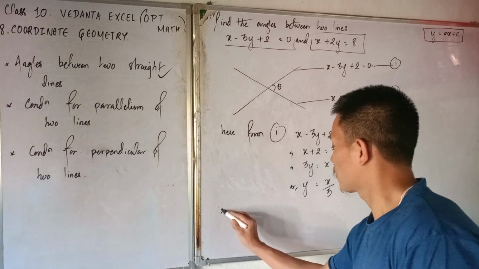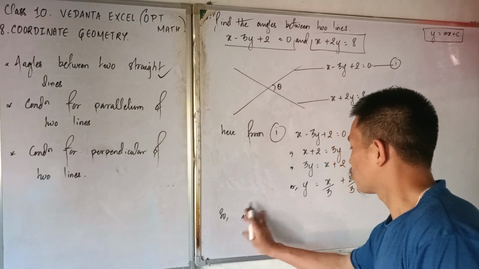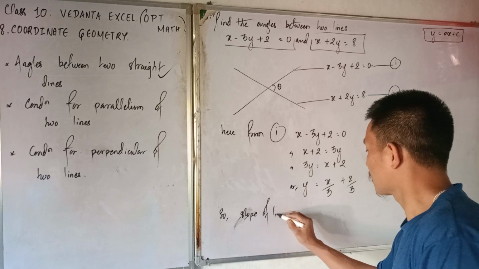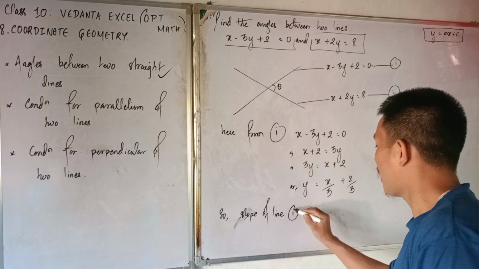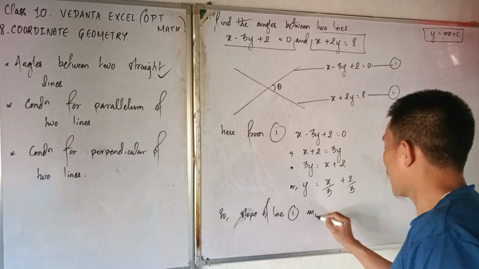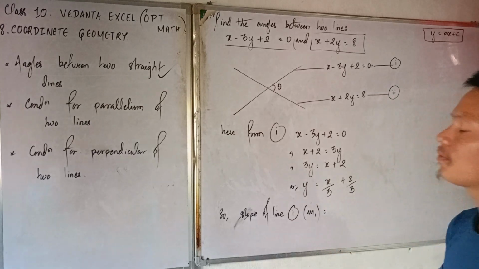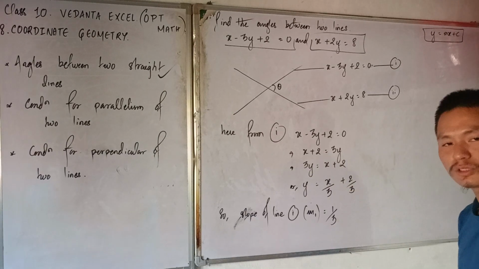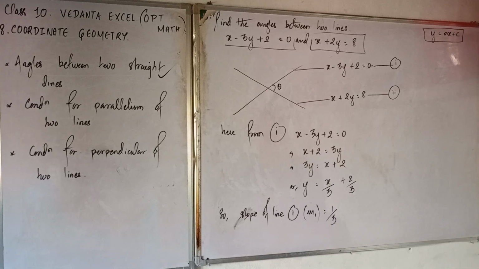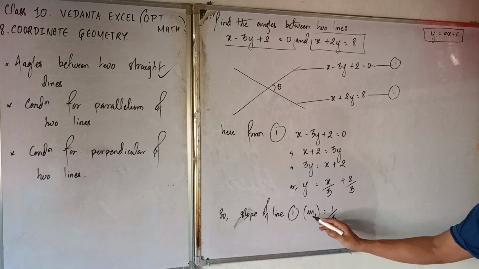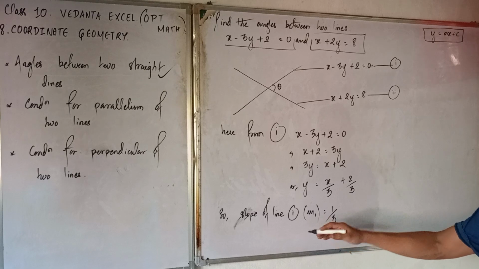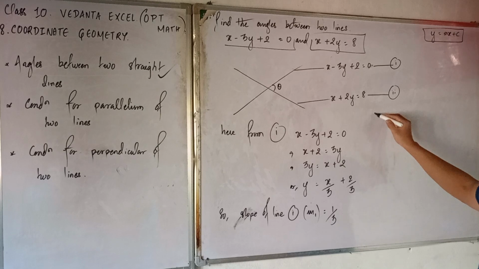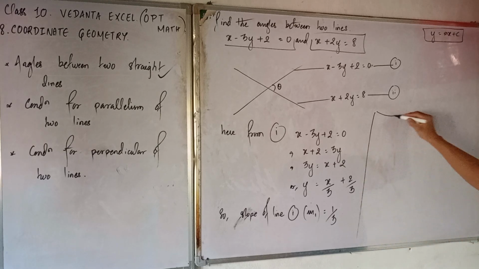So the slope of line I, that means m1, I have represented the slope of line I by m1, that will be 1 by 3. Similarly, you can also get the value for line II.